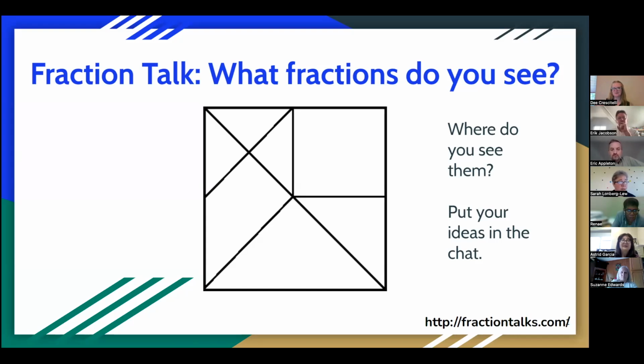Okay. And so those two big triangles you're seeing actually have other shapes inside them, right? Astrid, I see you nodding. Lots of people are seeing those triangles as 1/2. Michelle, you said the little square in the big square looks like 1/4 to you. Do you want to say what's making it look like 1/4?